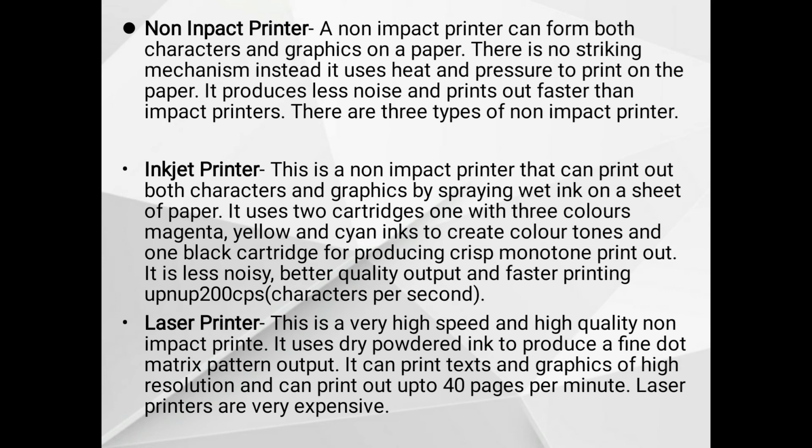So it uses two types of cartridges which are fitted inside the printer. One is a color cartridge which has the colors magenta, yellow and cyan, and it creates different color tones, and one black cartridge for producing crisp monotone printout. Okay, so those two cartridges are necessary to be fitted on the inkjet printers.